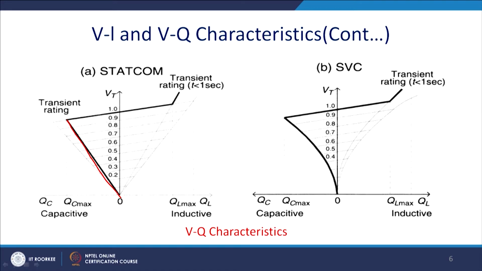You can see the reactive power handling capability of the STATCOM in the VQ characteristics, and here it will be 1, and this is the transient rating, and this is the curve of the inductive pattern, and this is basically something like non-linear, but here you can see that it is linear.